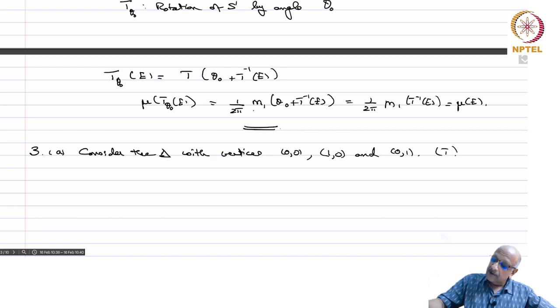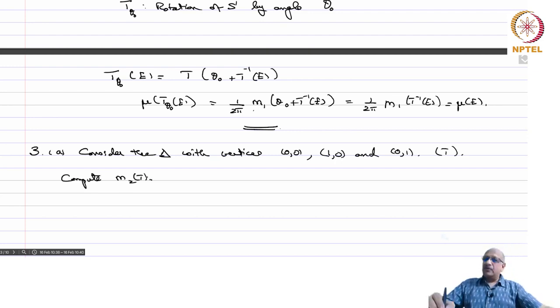Call this triangle T, and compute M2 of T. So we know what it is, because essentially it is area, but we have to prove that. It's half base into height, so the answer should be half. We know this, so let us try to show it exactly. So solution.